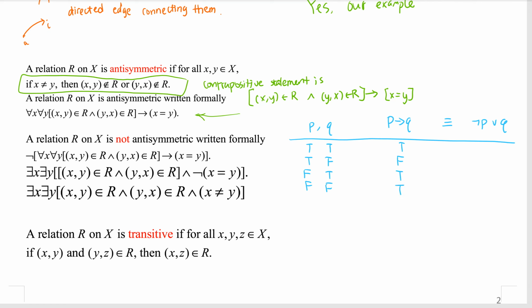Not P will be false, false, true, true, and you use it to do the or: true, true, true, false, true, false. The or is only false when both of them are false. If one of them is true, then it's true. So now you can see they are the same. So we know P implies Q and not P or Q are equivalent.